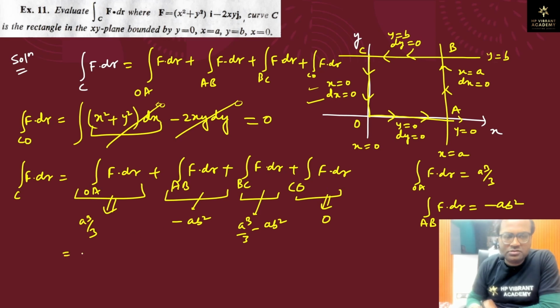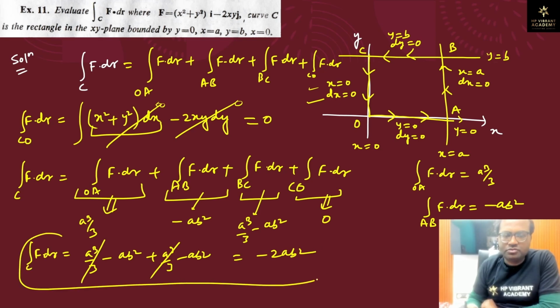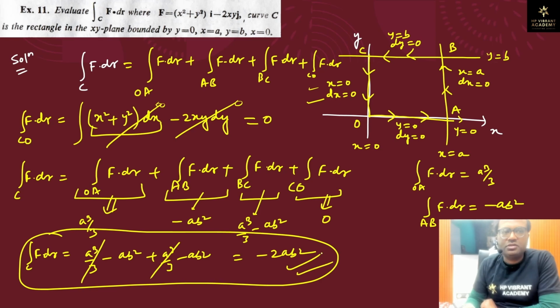So now let us add this. We have a cube upon 3 minus a b square plus a cube upon 3 minus a b square. So this is equal to minus 2 a b square, the value of the integral f dot dr. So minus 2 a b square is the answer.